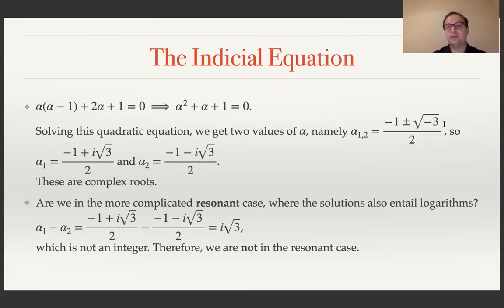And square root of minus 3 is equal to square root of minus 1 times square root of 3. So since square root of minus 1 is i, we get the two solutions, minus 1 plus i square root of 3 over 2, and minus 1 minus i square root of 3 over 2. So these are complex roots. So our generalized power series, when I solve this equation, will have complex powers.